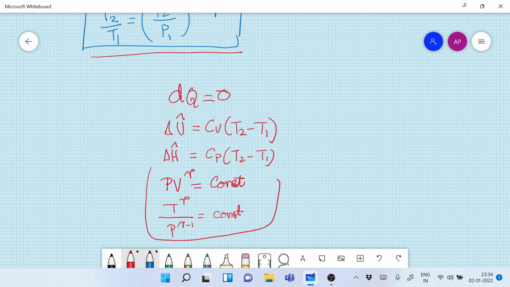So these are the two equations that we can get. And last thing to note, the equation of state is valid for an adiabatic process.